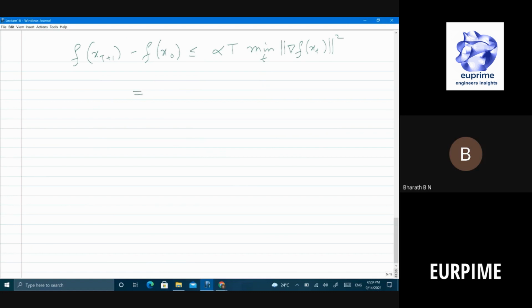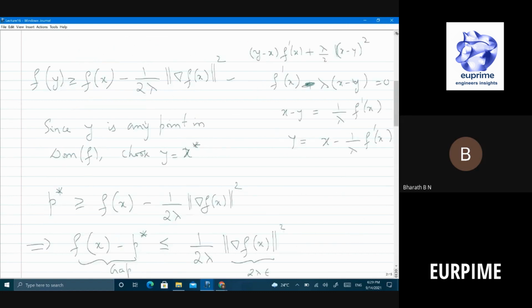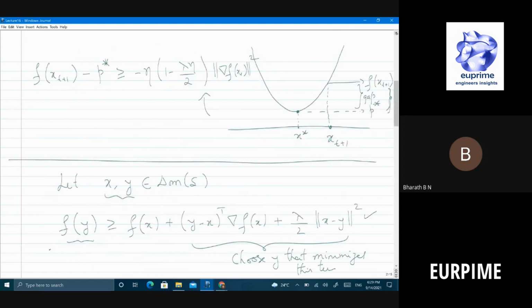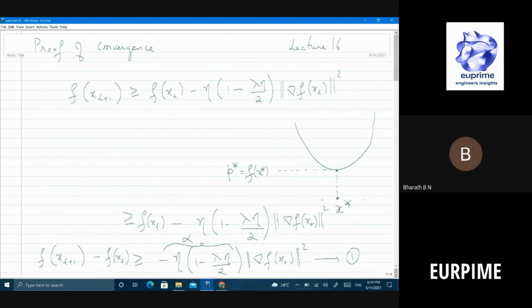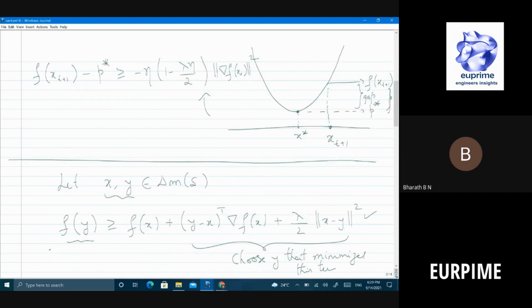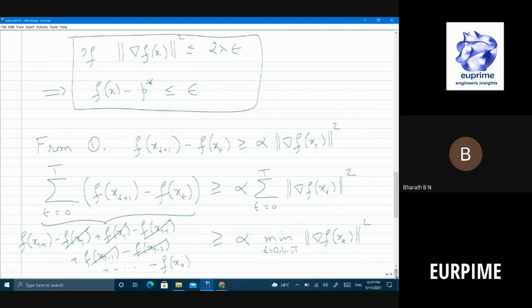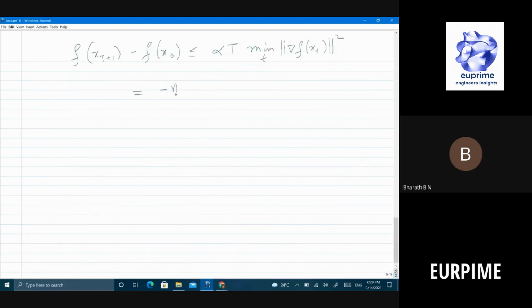So what is alpha? Alpha is minus eta times 1 minus lambda eta by 2, right? Minus eta times 1 minus lambda eta by 2, capital T, minimum over all t, square, right?